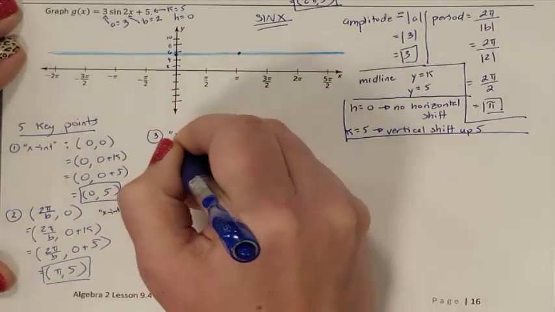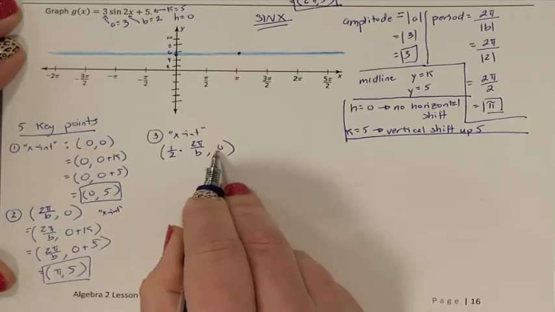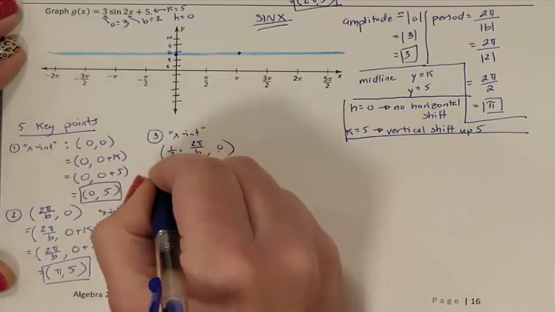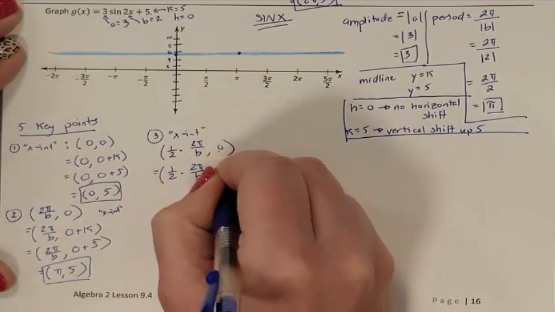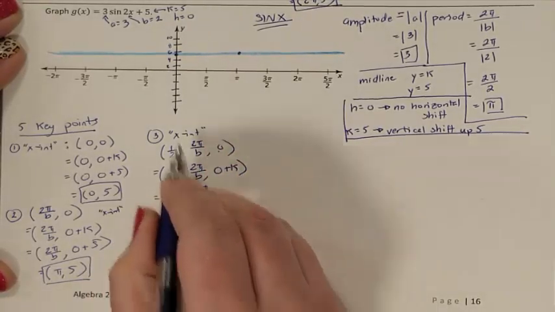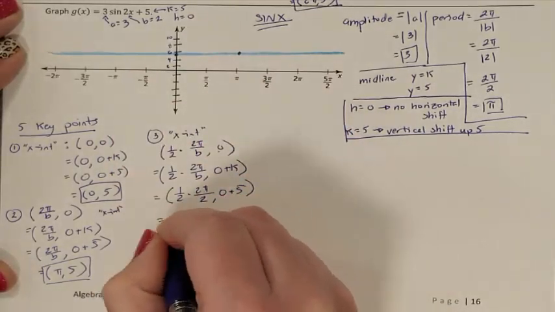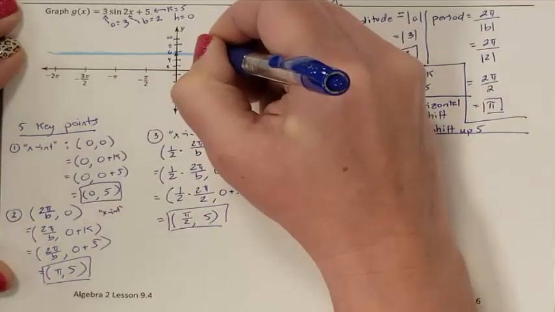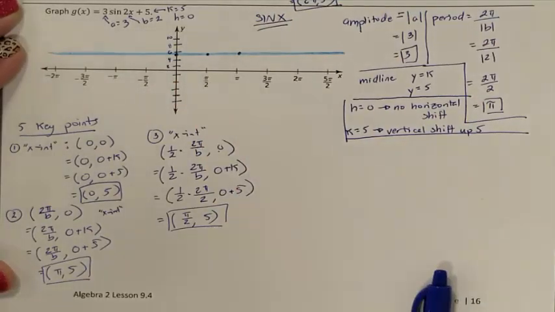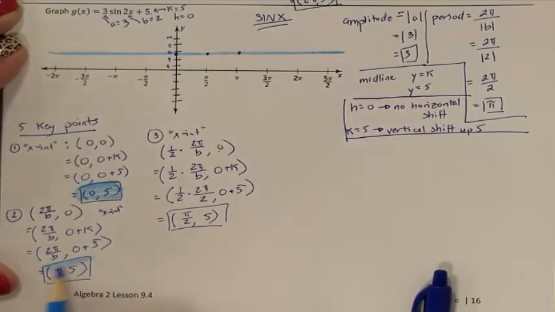So our third one is this formula. So remember, the y value needs to have the vertical shift in it. So here is my vertical shift. My b is a 2. My k is a 5. So pi halves, 5 is my third. These are all the 3 midline intercepts that I am going to have.